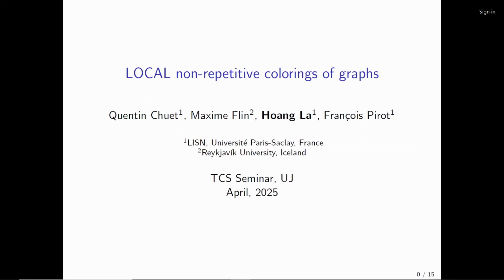He's the expert of this local model that we'll talk about, a distributed model of computation. And this was done during his visit at our place in Paris-Saclay, my colleague François Pirot, and then our PhD student Quentin Chuet. All right, so first maybe I should explain what this model is.